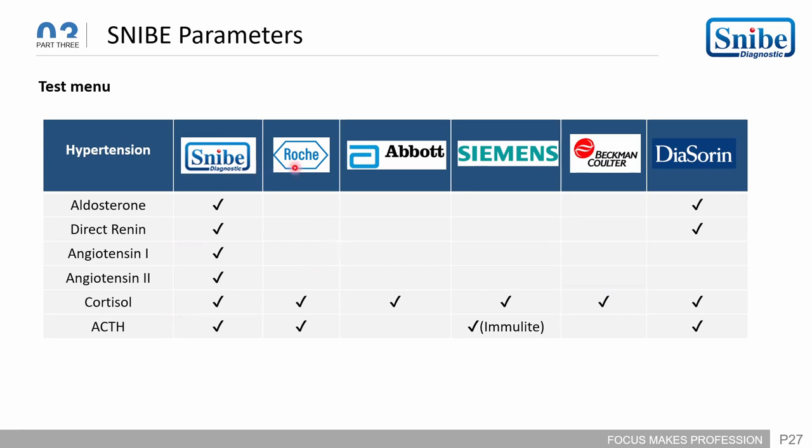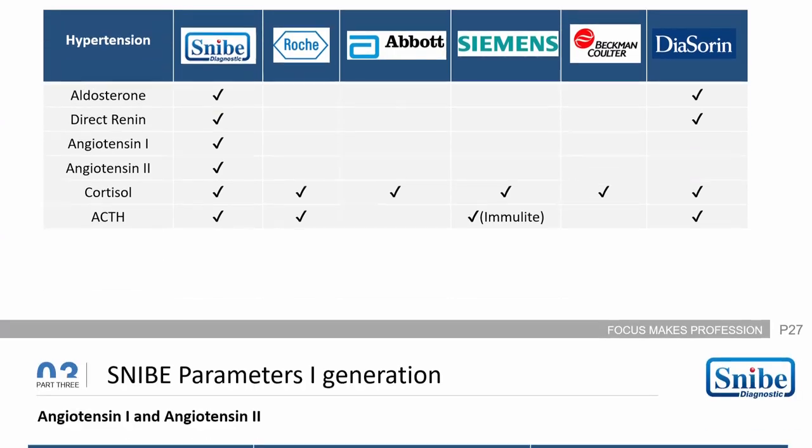Neither Roche, Abbott, Siemens, nor Beckman have a comprehensive menu like SNIBE for hypertension. DiaSorin has more parameters, but they do not have angiotensin 1 and 2 assays on their platform. So we have a very comprehensive test menu platform for that.